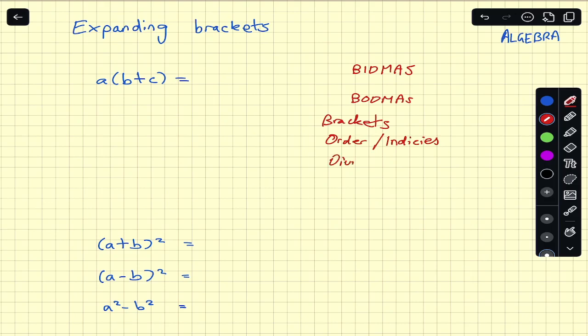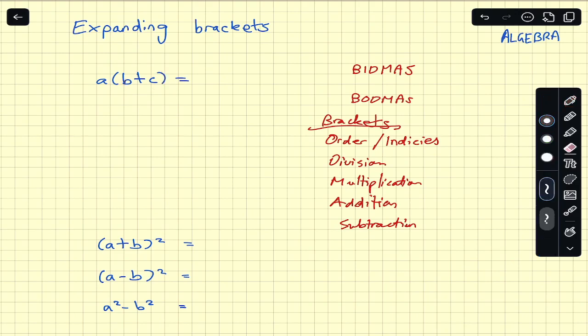Then you've got division, multiplication, addition, subtraction. I'll just write those as the order of operations. And so essentially brackets come first. As you can see, brackets come first.